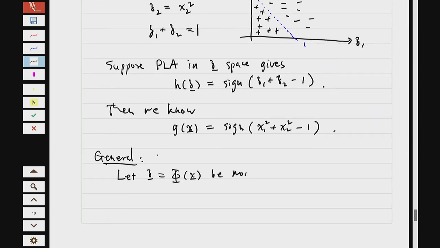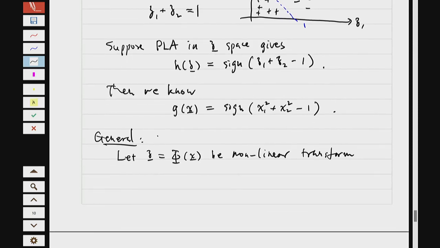This is a nonlinear transform. This is sometimes called a feature transform. You transform, because x values are the features of the data points, right? You transform these features into a different form.